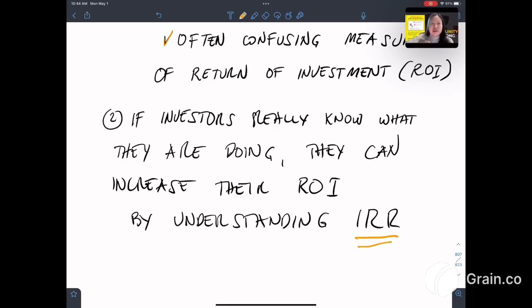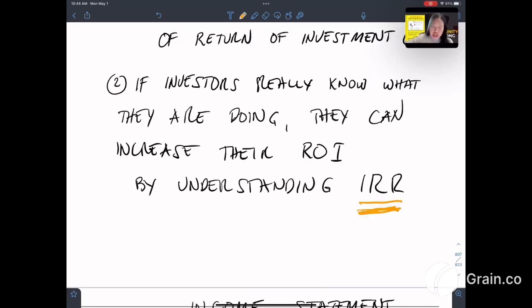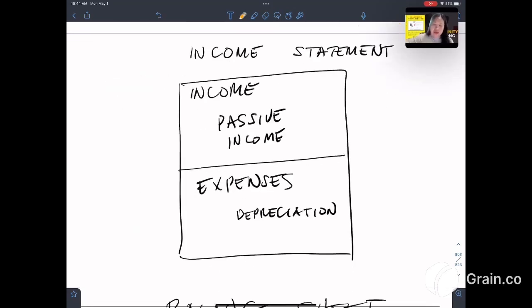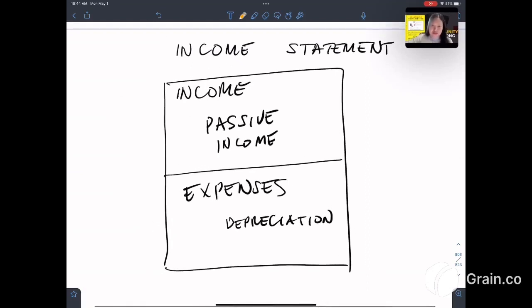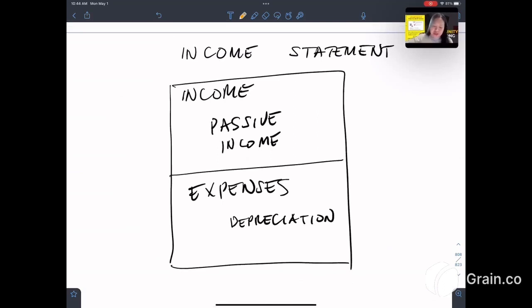So if I'm an investor, it is very important that I know what internal rate of return, or IRR, is. Now, I'm going to share with you this, which I shared before from the book of Robert Kiyosaki.